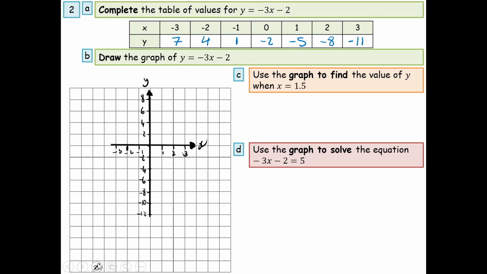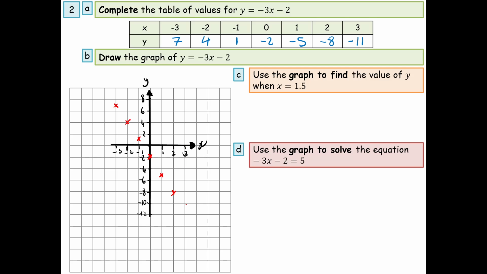We'll do this in red. So it's minus 3, 7. Then it's minus 2, 4. Minus 1, 1. 0, minus 2. 1, minus 5. 2, minus 8.